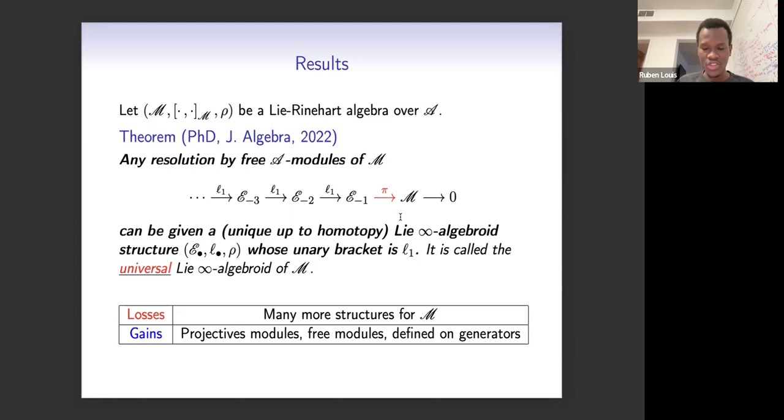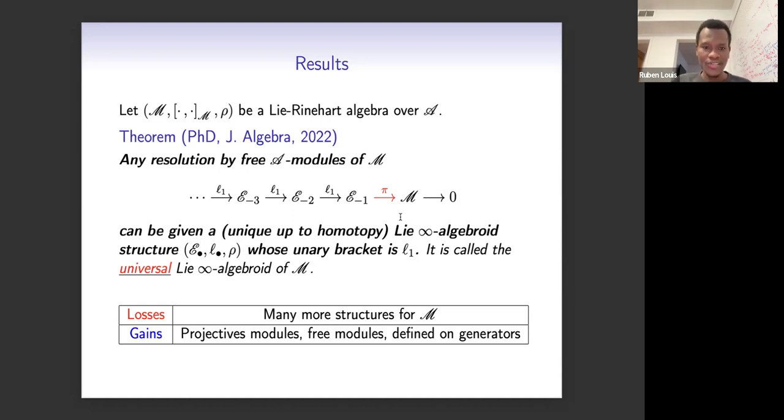We started with just a very simple structure, only a Lie-Rinehart algebra, but we get a lot of modules around. What we gain is better now, because we have projective or free modules, and we can define things on generators now.